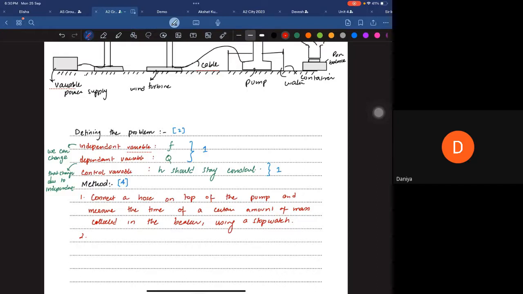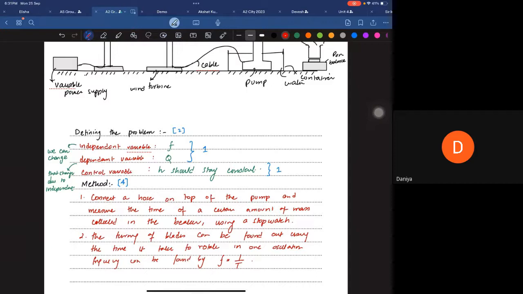So we're going to say the turning of plates can be found out using the time it takes to rotate in one oscillation, and then frequency can be found by f equals 1 upon T. Do you guys get it? Yes, sir.